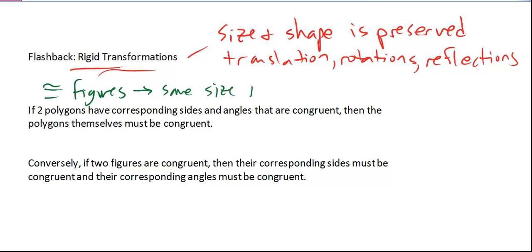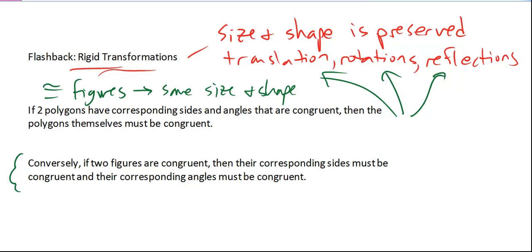But I want to offer this other way of thinking about it: two figures are congruent if you can take one of them and do one of, or a combination of, these three transformations and you get the other figure. And then of course if I'm talking about polygons or things with sides and angles, the result of this is that if I do have two congruent figures, let's look at this bottom statement here.